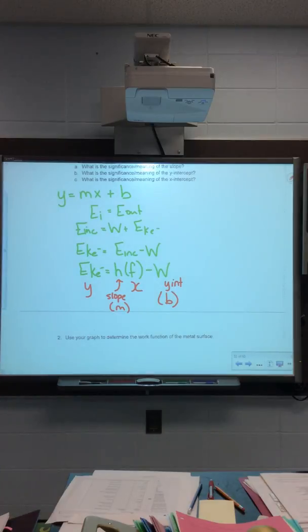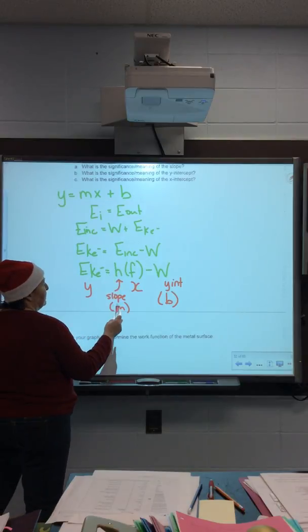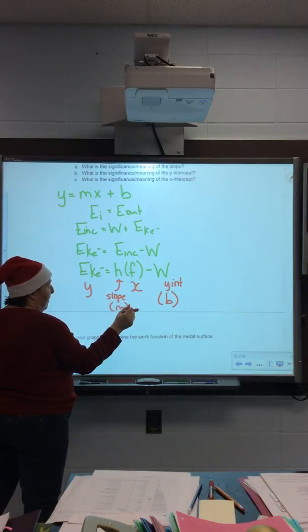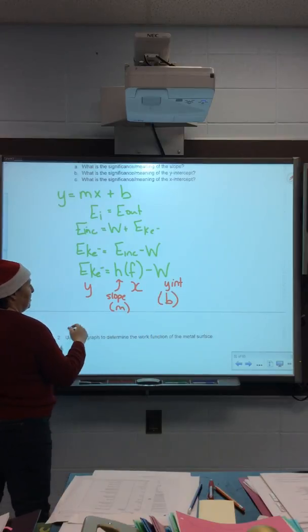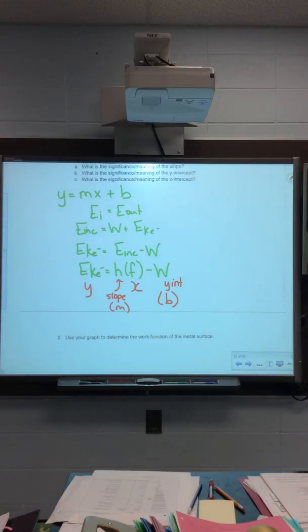So that's our slope line formula: y being EK, slope being Planck's constant, x being the frequency that was plotted, and the y-intercept, the negative 2.20 electron volts, being the work. So to answer A, slope is equal to h. The significance of the y-intercept is negative work, and the x-intercept is something we can actually figure out.